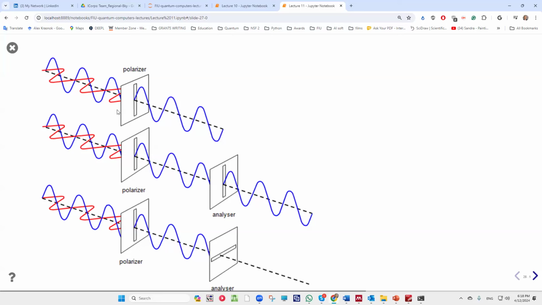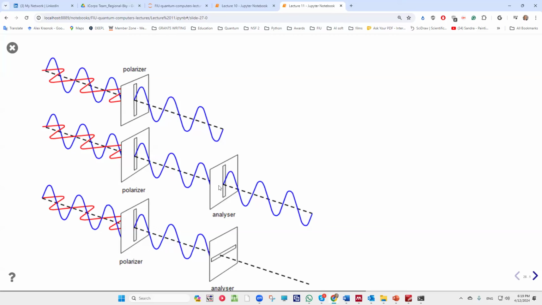If it's polarized in the orthogonal direction, like this red wave, it is blocked by the polarizer. So the polarizer is set to select just one polarization. Then we can put another polarizer, which is called an analyzer.